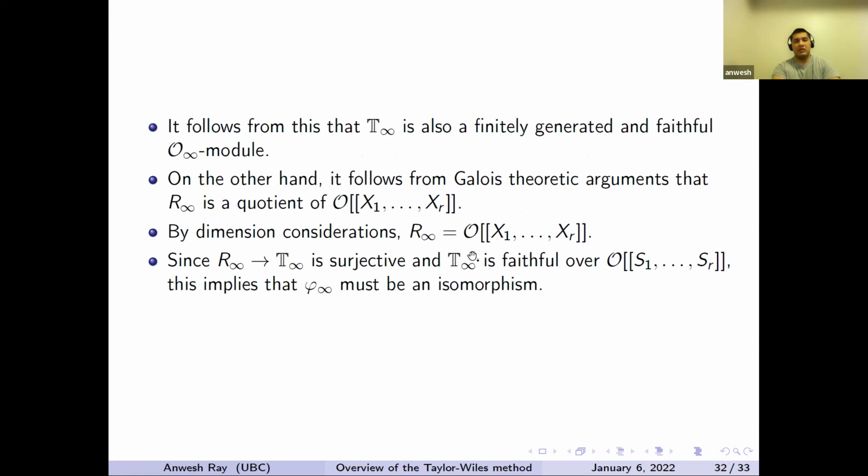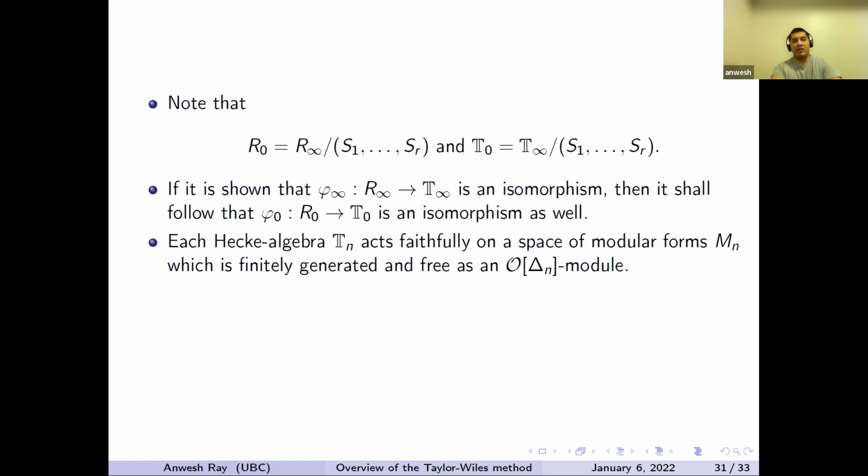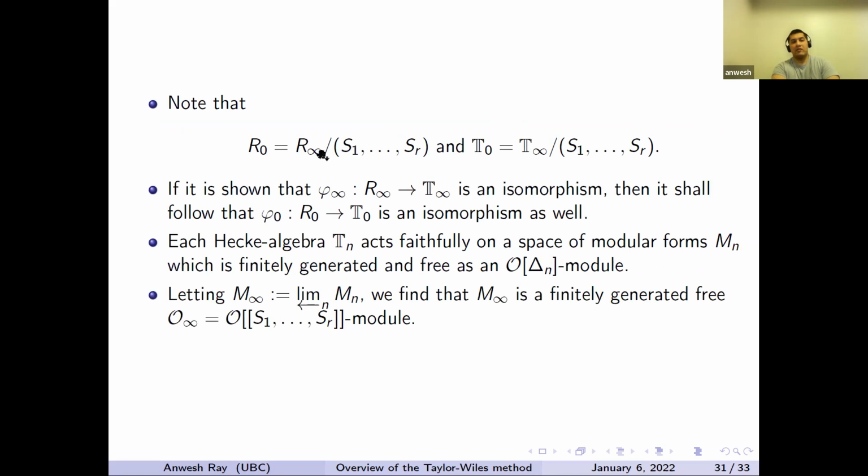We know, for instance, that R infinity is O of x1 to xr, and so is T infinity; they're isomorphic. But now you go back to R naught, and it's O of x1 to xr modulo s1 to sr. So you have the same number of generators and relations. This is called the complete intersection property.